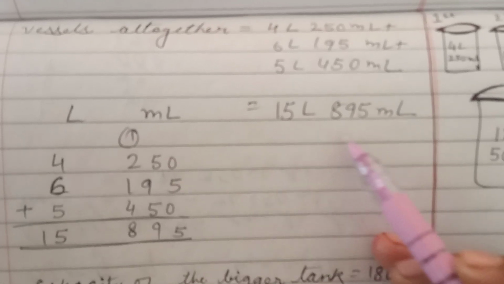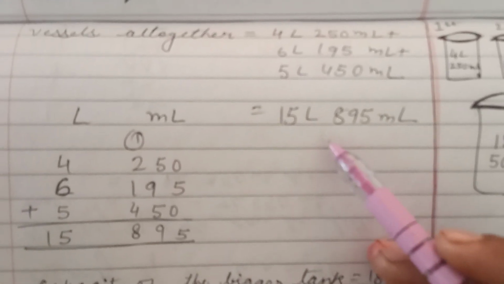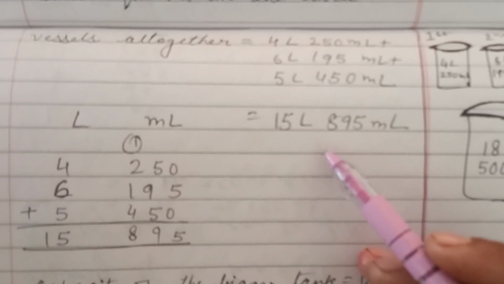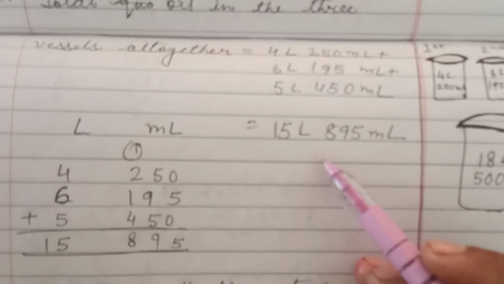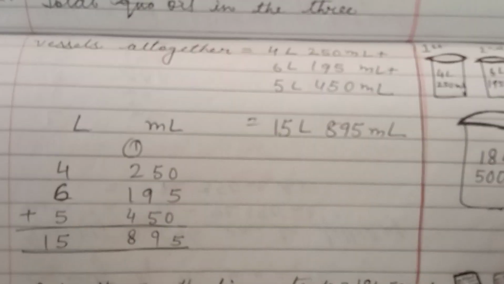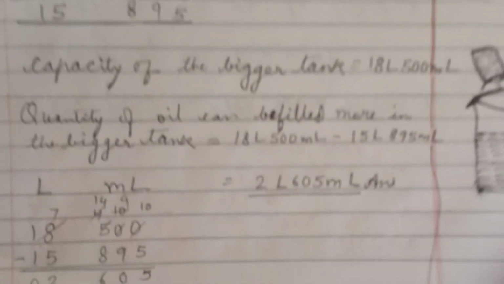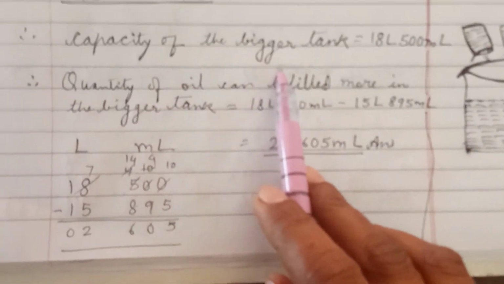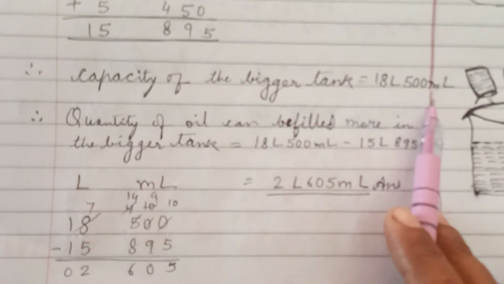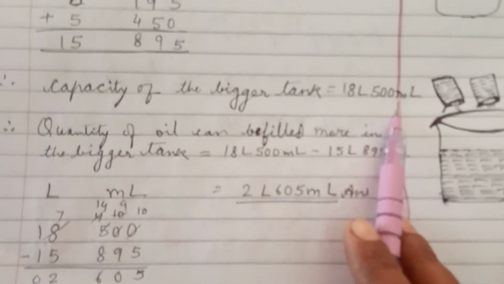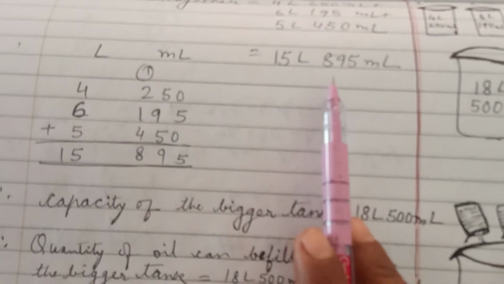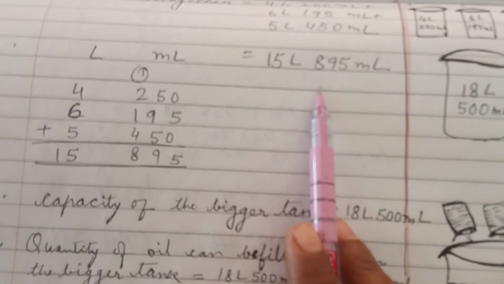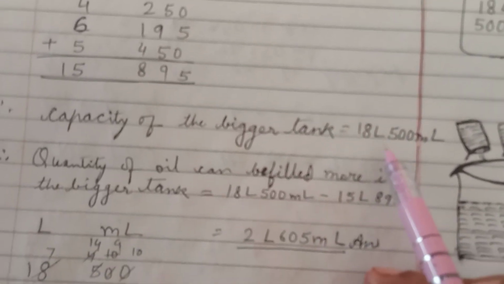So this much oil we are going to empty into the bigger container. Now what we are doing? Capacity of the bigger tank is 18 liter 500 ml. But we have just filled this much oil. So, how much portion is left?